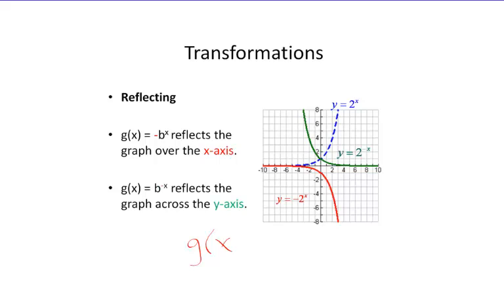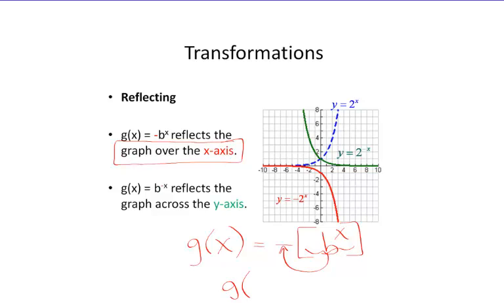When we have a function and we put a negative out in front of the whole function, we said everything that was positive outputs has now become negative outputs. It is, as with the other functions, a reflection over the x-axis.